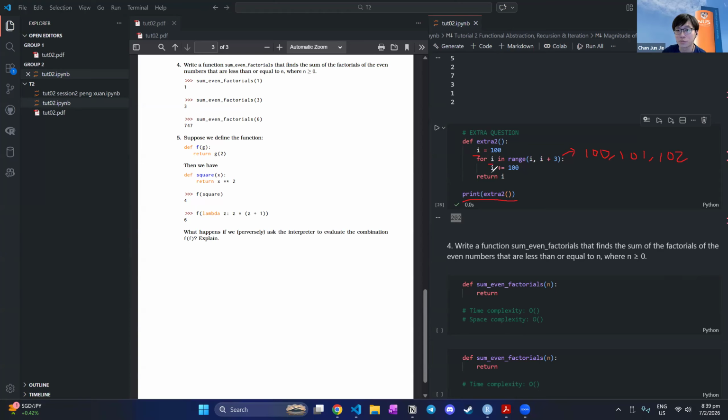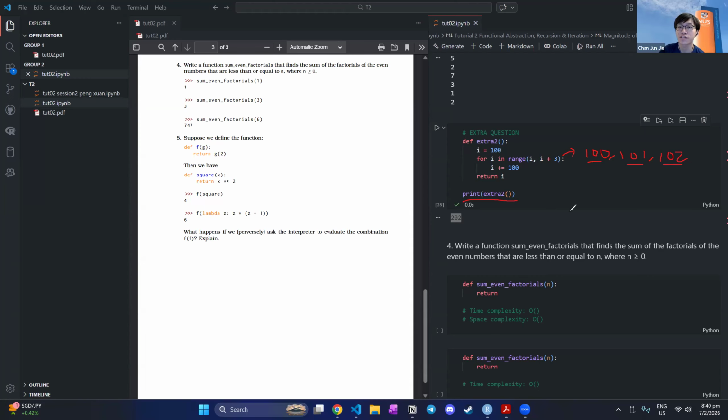And within the for loop, you actually update the value of I as well. So this range function, in range I to I plus 3, will go from I equals 100 to I plus 3 exclusive. So it will iterate from I goes to 100, I goes to 101, and I goes to 102.